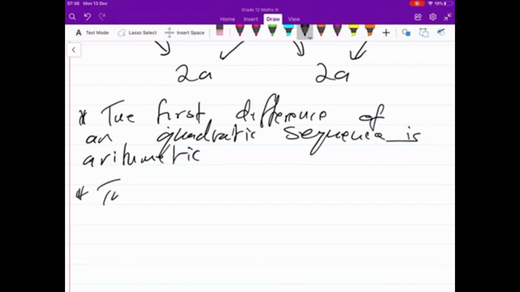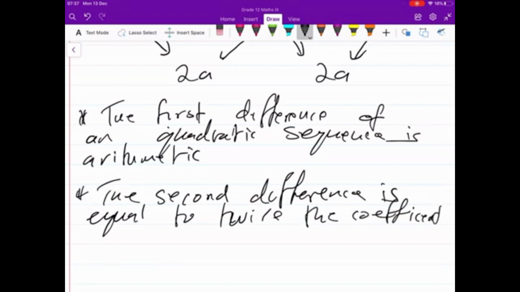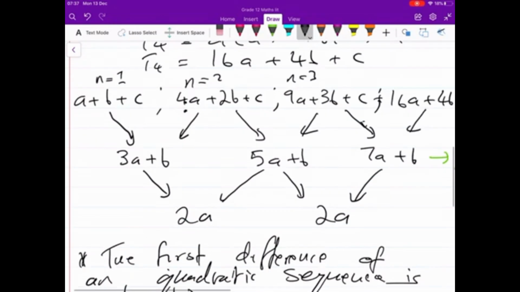Second conclusion, very important here, the second difference is equal to twice the coefficient of n squared.